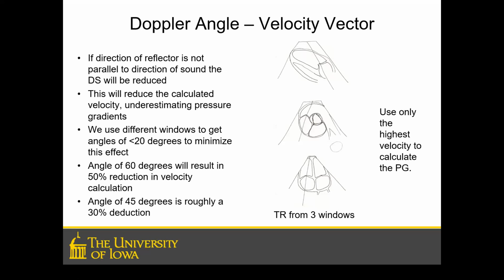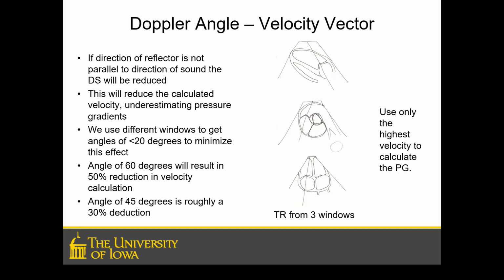So we always evaluate for TR from at least 3 windows: the inflow, short axis, and apical 4 chamber. And what we're doing is hoping that between those 3 windows, we are getting an angle that is close to 0. So therefore we use whichever velocity is highest from these 3 windows.